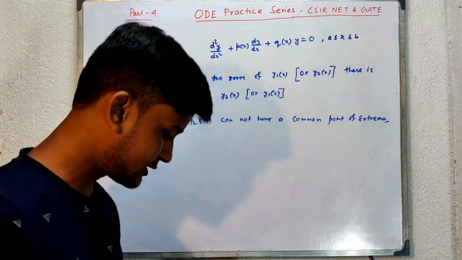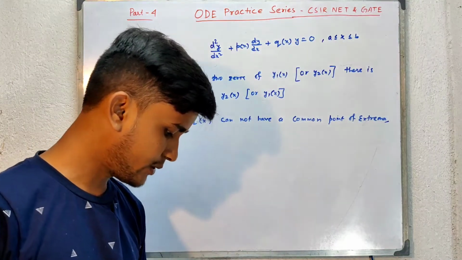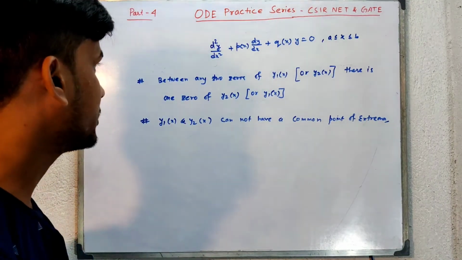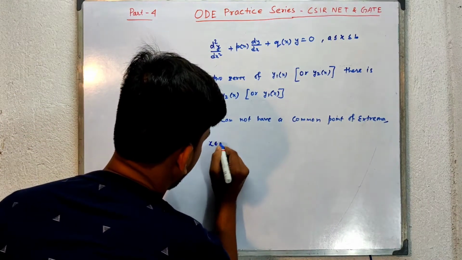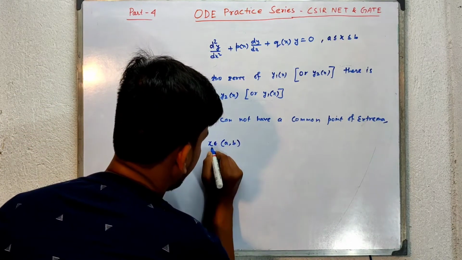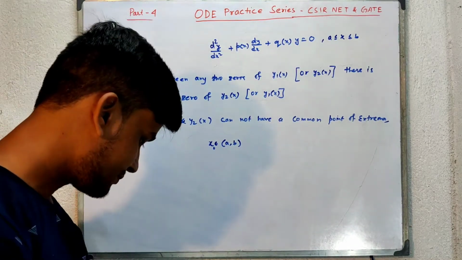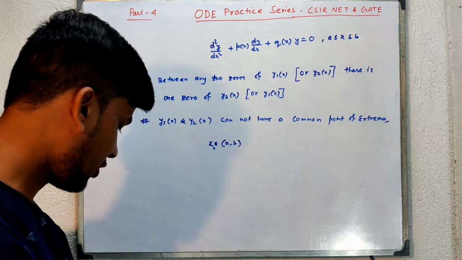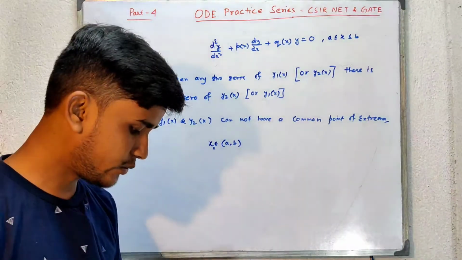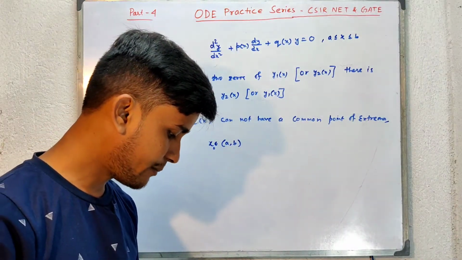So option 1 says that both y1 and y2 cannot have a local maximum at x0, where x0 is a point in the open interval (a, b). That means they cannot have it as a common point.